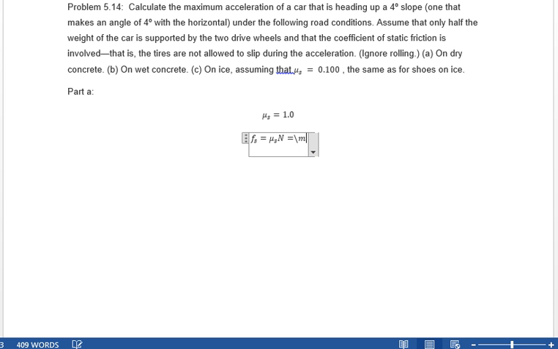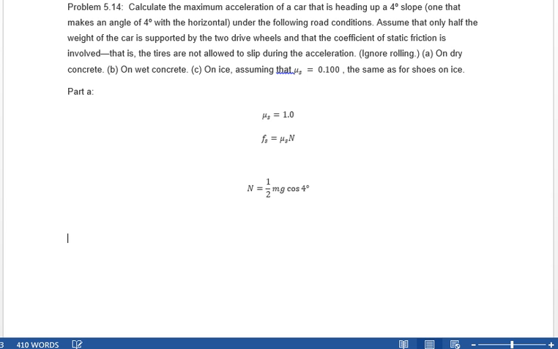Let me just pull the normal force out by itself. The normal force equals 1/2 of the weight, which is the mass times the acceleration of gravity, because half of the weight is on the front wheels, times cosine of 4 degrees.